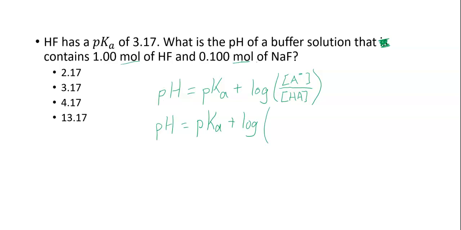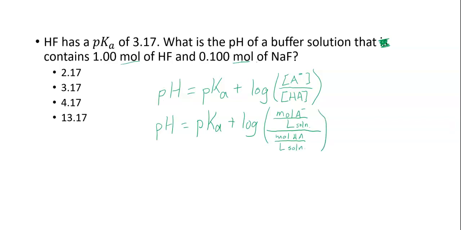So the concentration of A minus is the moles of A minus over liters of solution, and the concentration of HA is just moles of HA over the liters of solution.